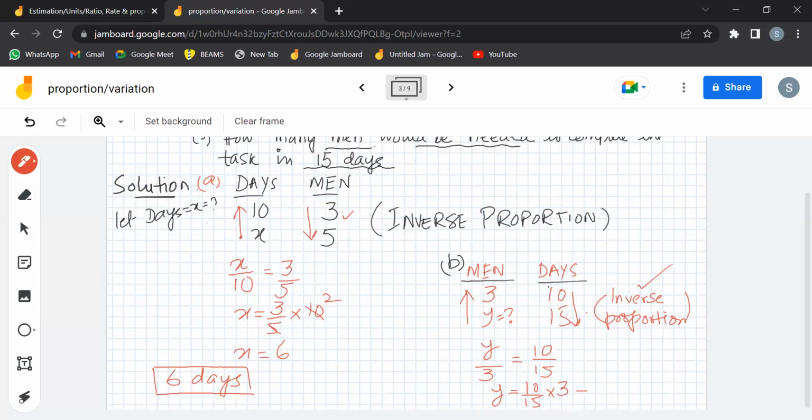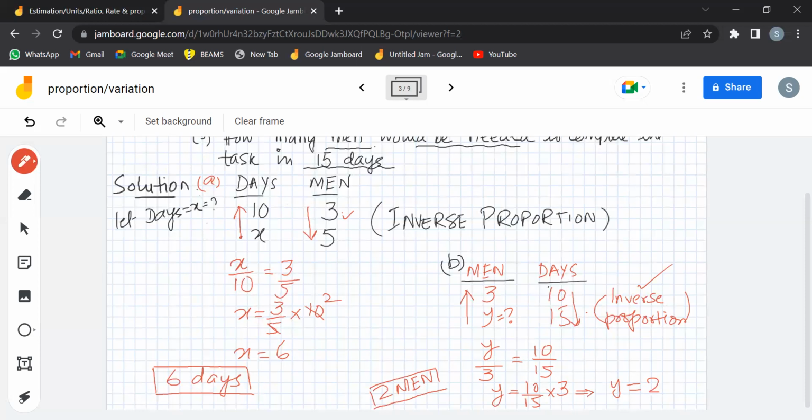So y is equal to 2. So 2 men. We need 2 men. 2 men are required to complete the same task in 15 days.